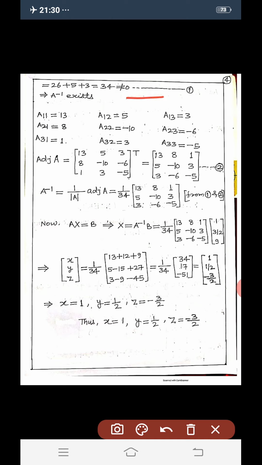So A inverse exists because the value of the determinant is not equal to 0, that is, the system has a unique solution.